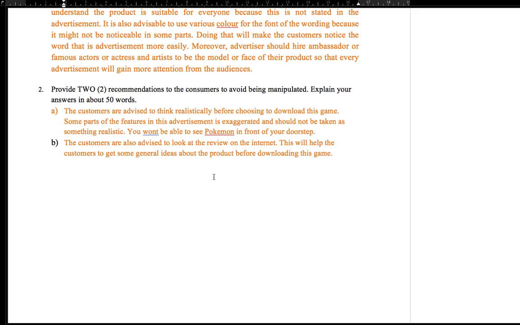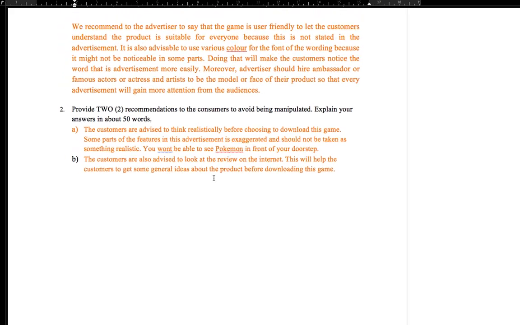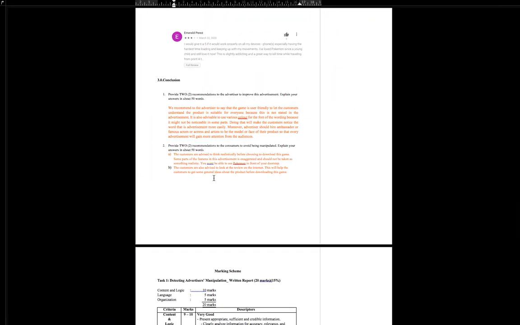Number 2, I recommend them to look at the reviews before trying this game, because obviously if you download this game, it will take a lot of space in your phone. Not only that, it might download some bugs that will affect your phone as well. So those are the recommendations that I put, and that is it for your report.